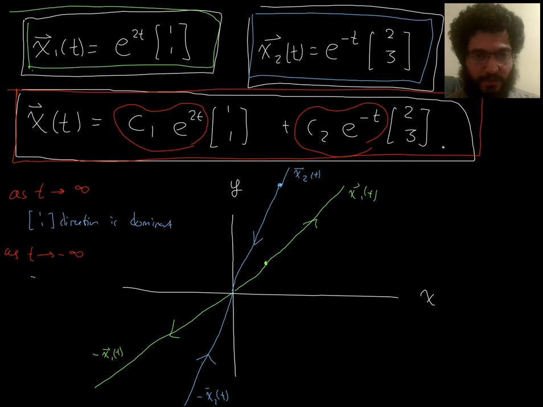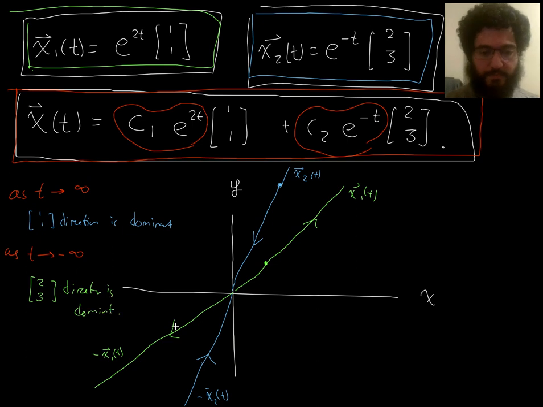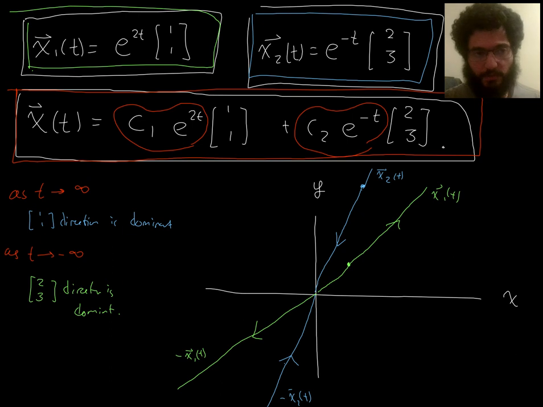So then in the distant past, I would expect the green direction is dominant. So what that amounts to in the picture is that the solution trajectories I draw, in the future direction they'll be parallel to blue, and in the past direction they'll be parallel to green.